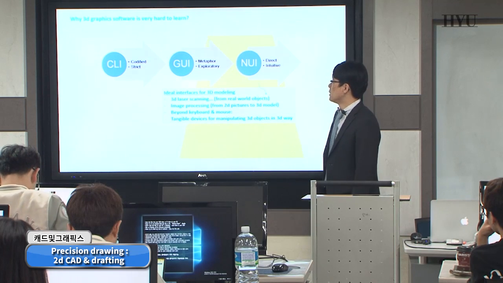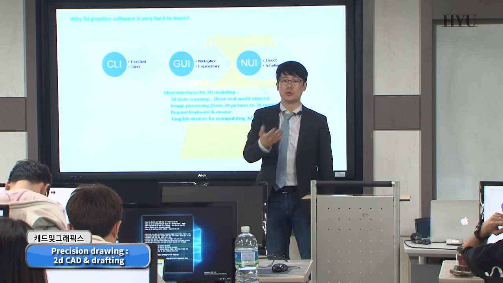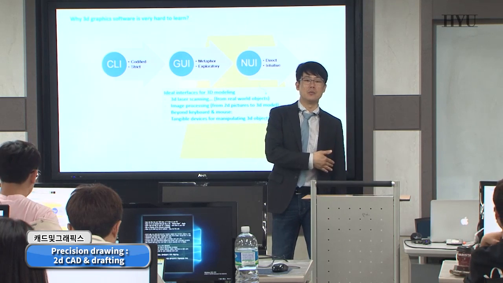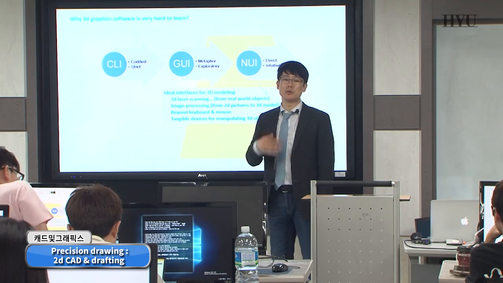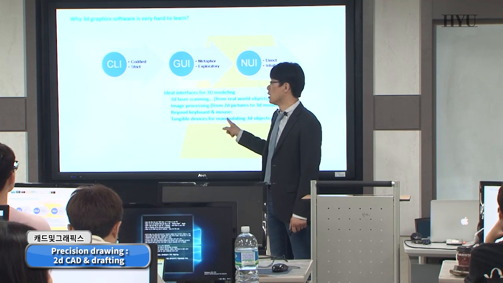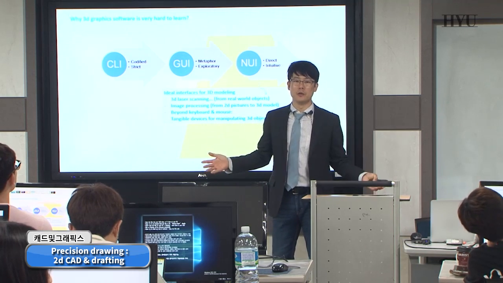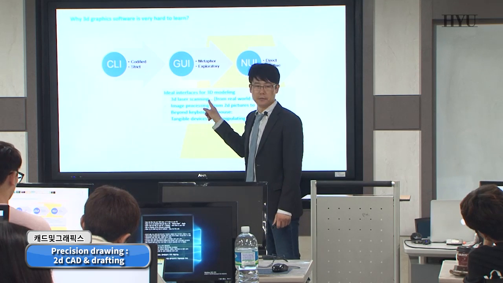Okay, ideal interface for 3D modeling, laser scan image processing. I showed you drone-based 3D image capturing, 3D laser scanning, photogrammetry, something beyond the keyboard and mouse using hologram, virtual reality, augmented reality. That's an ideal interface.